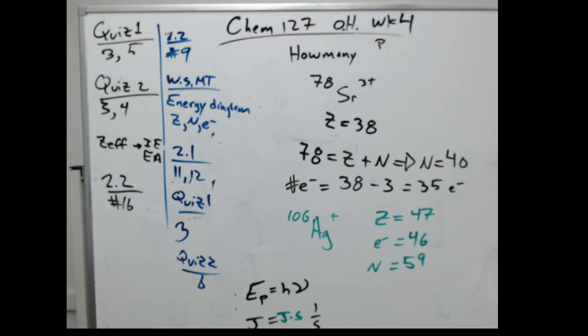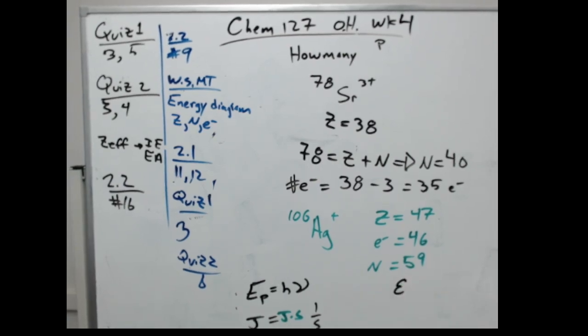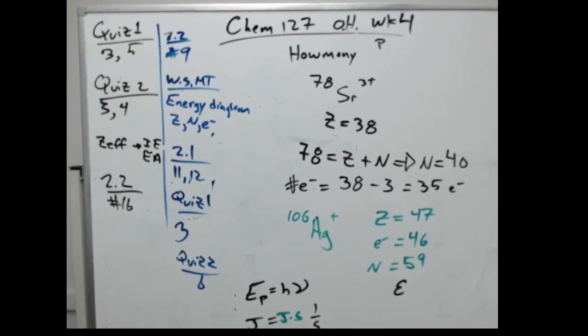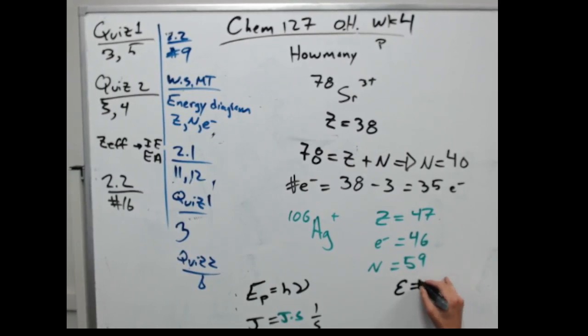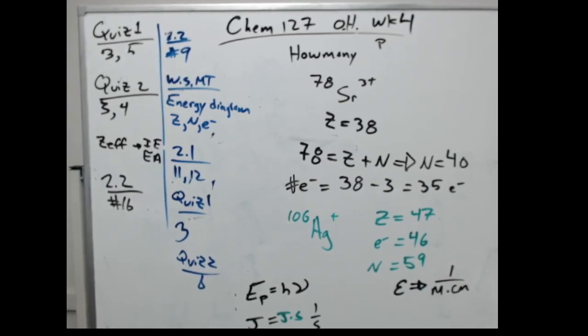For the most part, it's like most other proportionality constants, like epsilon. When we look at the units for epsilon, do you remember what they are? Molar absorptivity, inverse molarity, inverse centimeter. Does that unit really make sense?